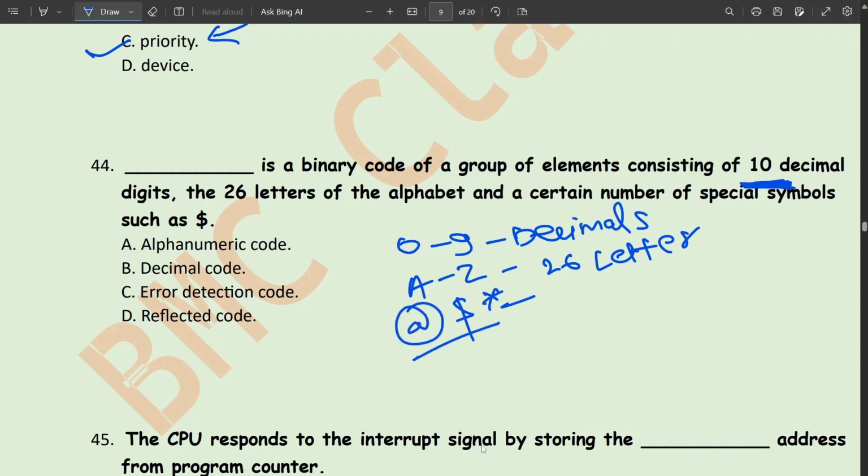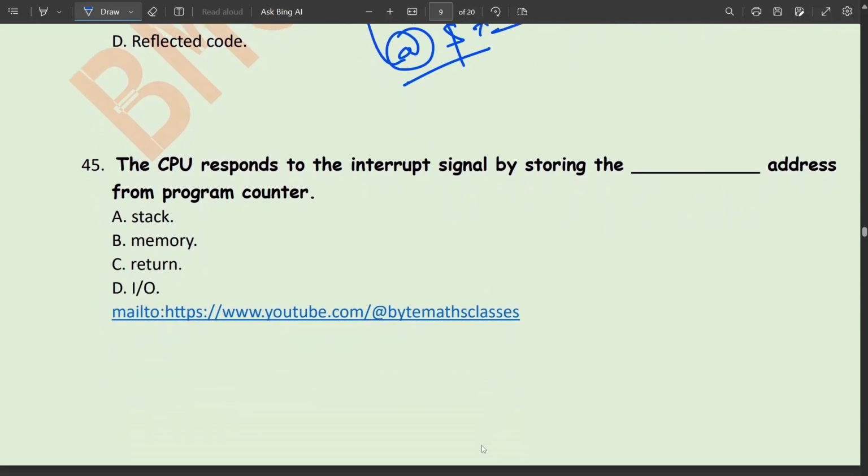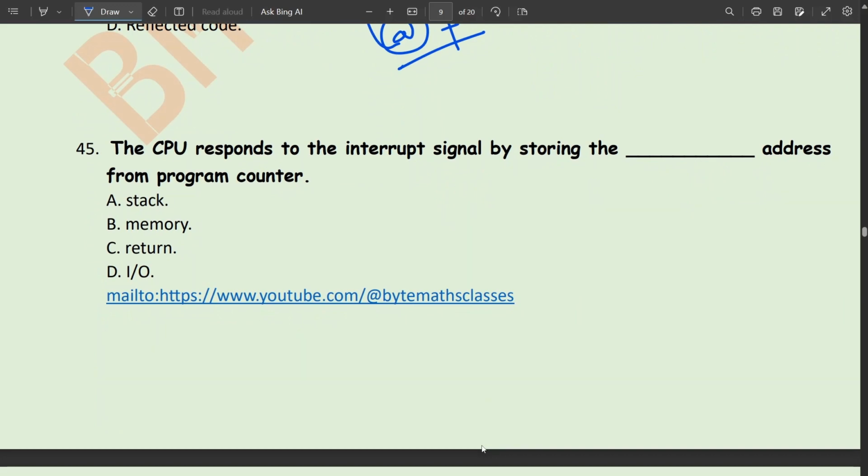These are called alphanumeric code. Option number A is correct. Next, the CPU responds to the interrupt signal by storing the address from the program counter. Your answer will be option number C, return. Storing the return address.